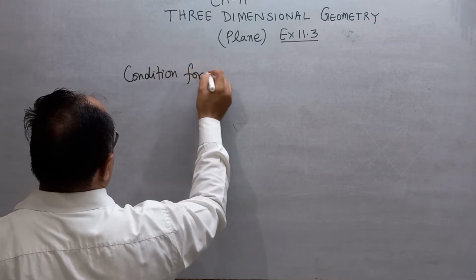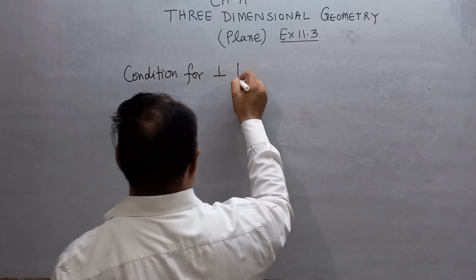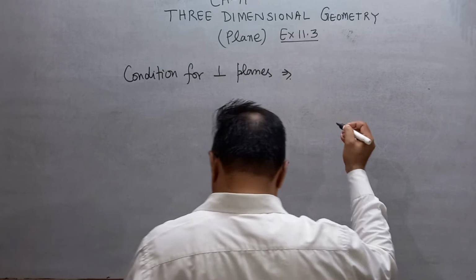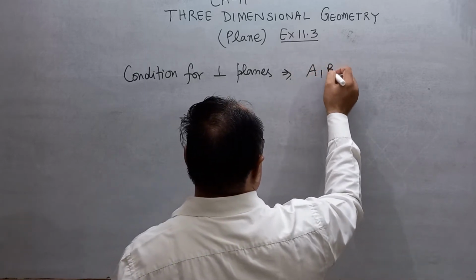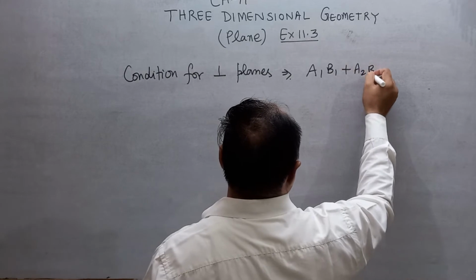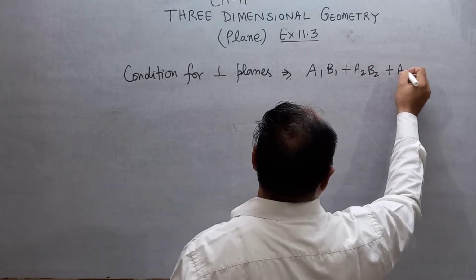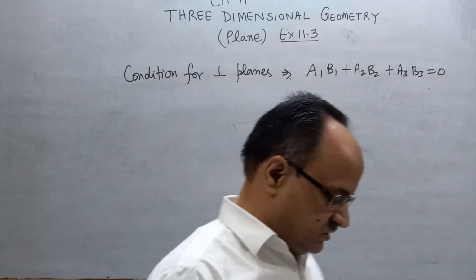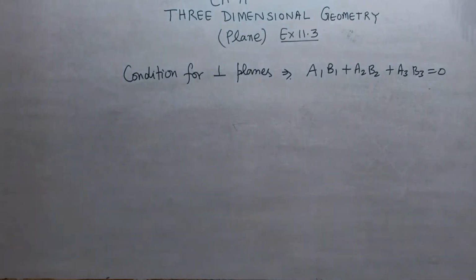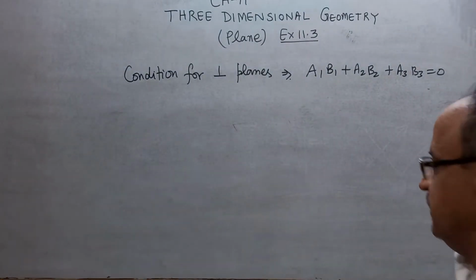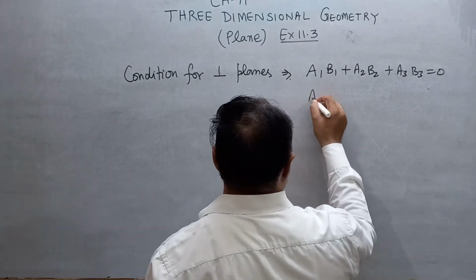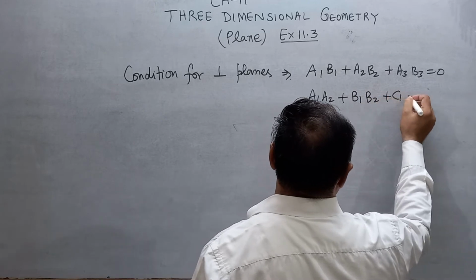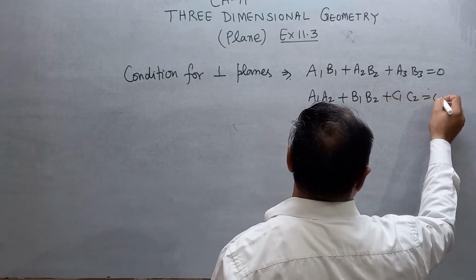Now, condition for perpendicular planes. The condition is A1, A2 plus B1, B2 plus C1, C2 is equal to 0.